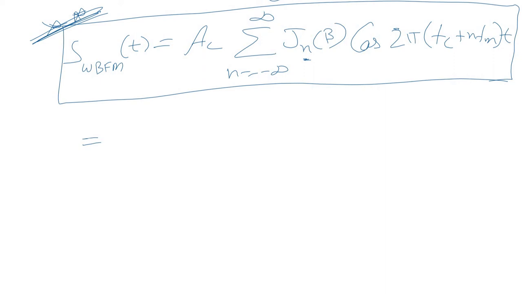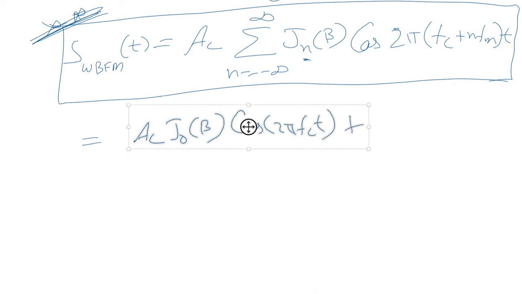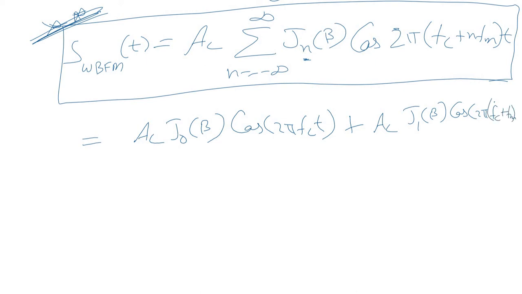If n is 0, for the 0th order it will be A_c into J_0(β) cos(2π f_c t), plus for the first order, when n is equal to 1, it would be A_c times J_1(β) cos of 2π(f_c + f_m)t.